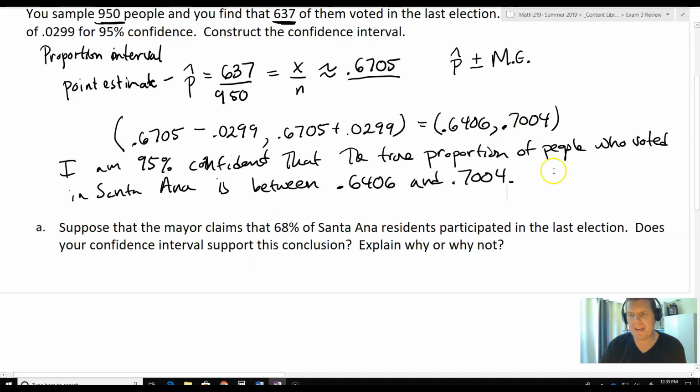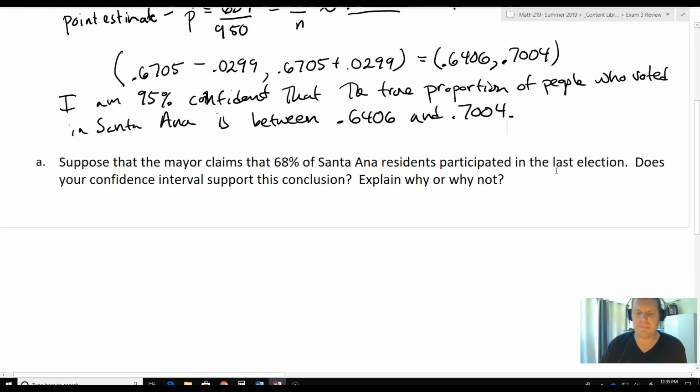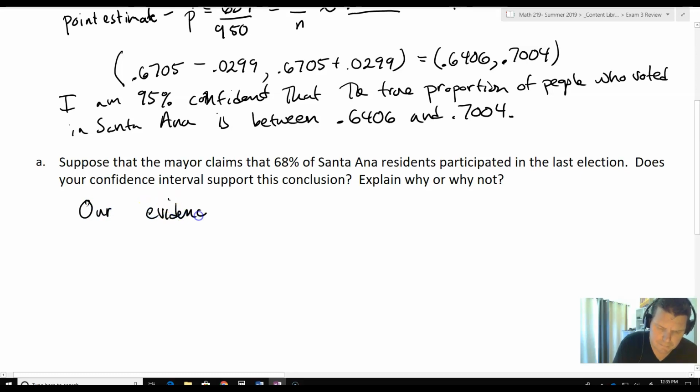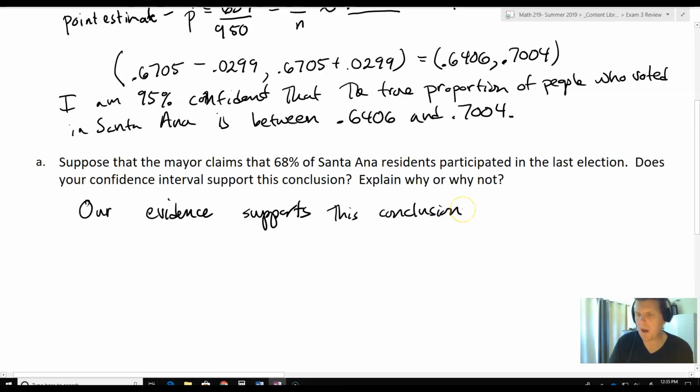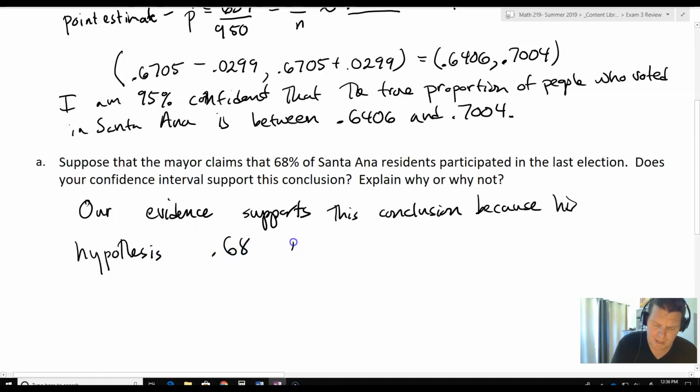Okay? So basically, our evidence supports this conclusion because his hypothesis, 0.68, is in the confidence interval.